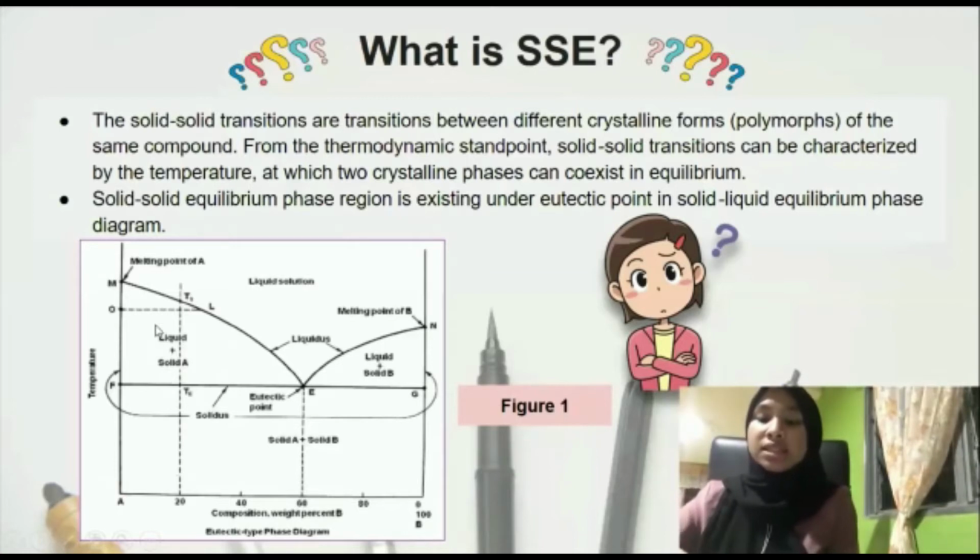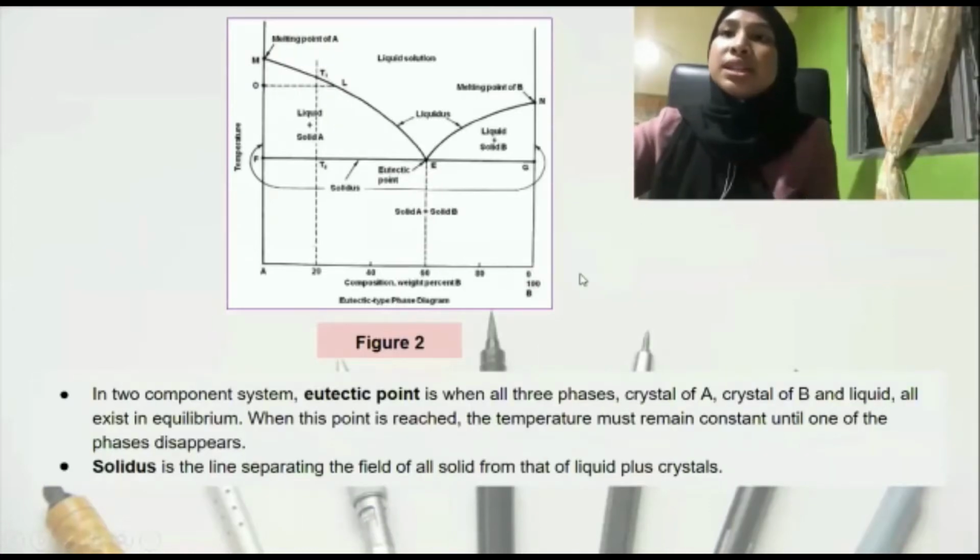This is figure 1, the solid-liquid equilibrium phase diagram. This is the region for solid A plus liquid, and this is the region for solid B plus liquid. This is the solid-solid equilibrium phase for pure solid A and B. So this is the eutectic point.